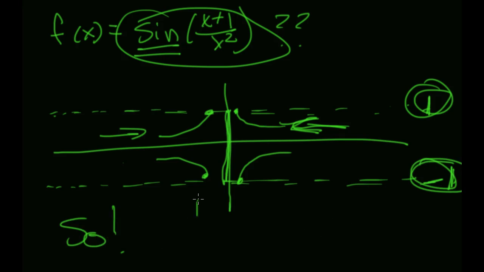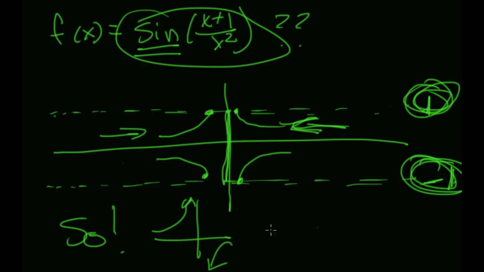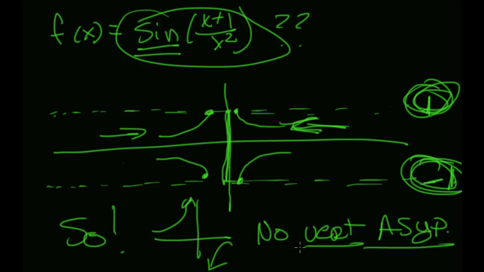So, this cannot have an asymptote. Not going to happen. Always trapped between 1 and -1. So, no vertical asymptote. The only other possibility that I have is that that limit does not exist, and it's because the two sides are approaching two different limit values, and those limit values are somewhere between 1 and -1.